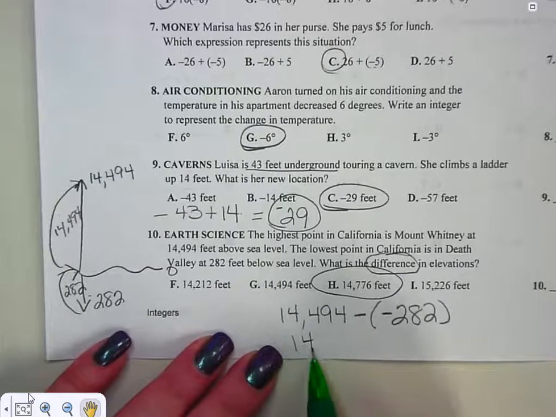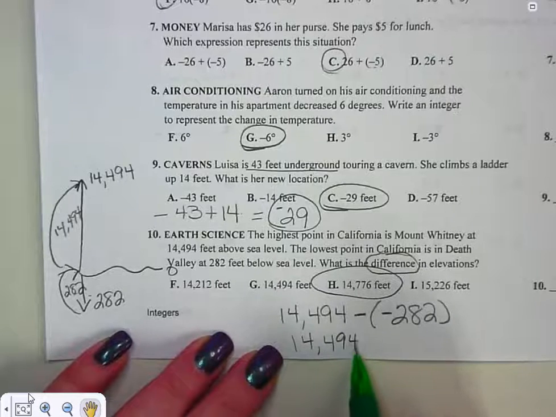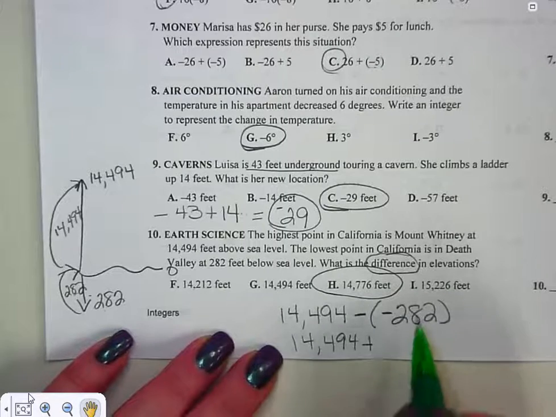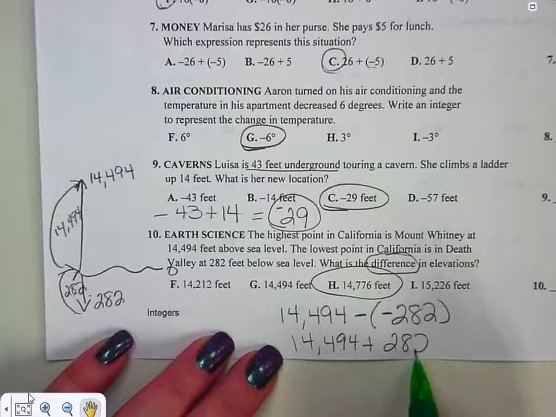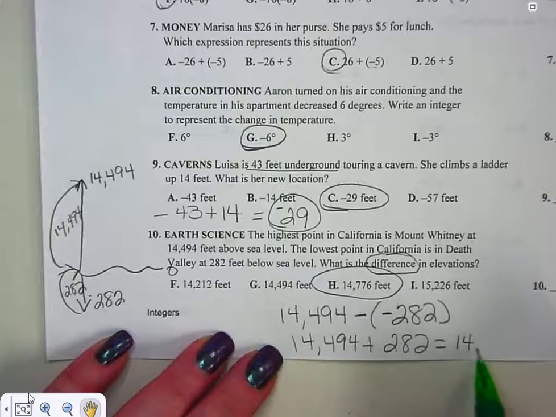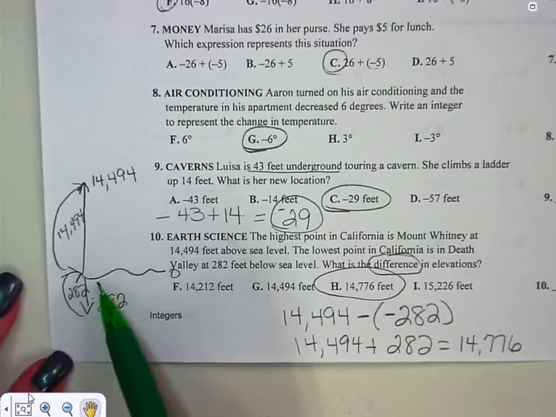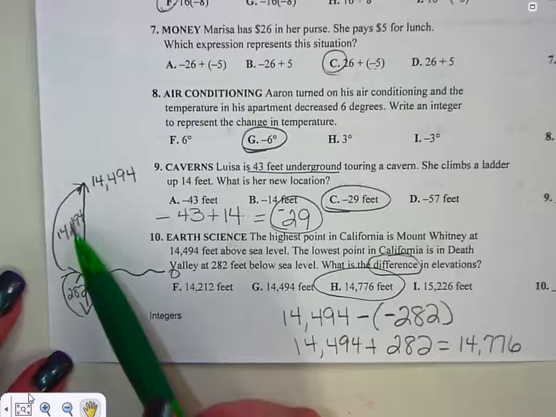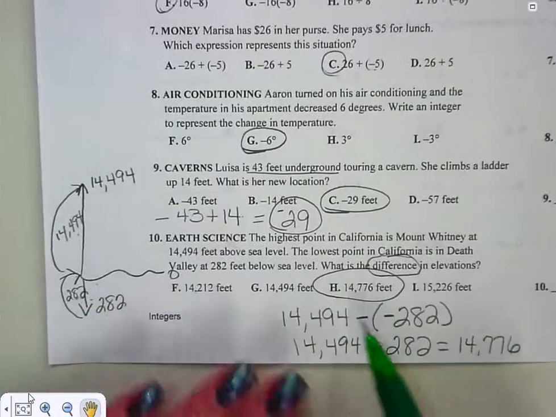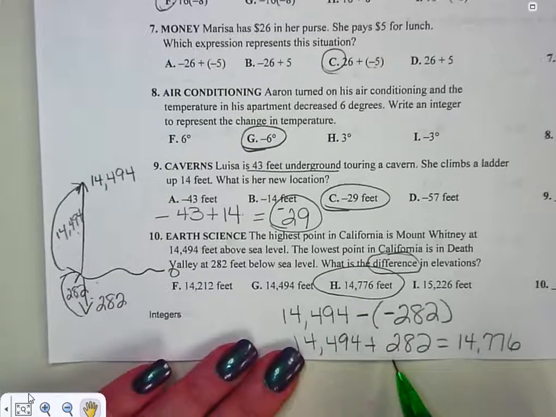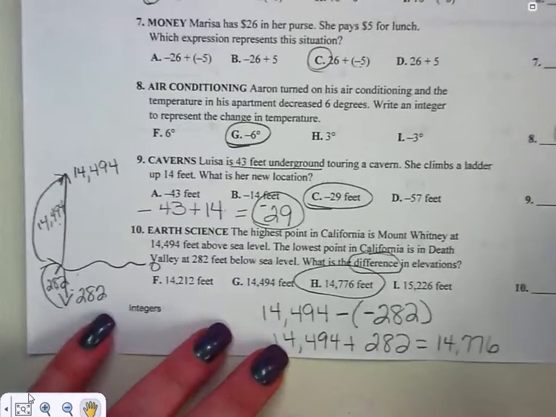Change the signs. Subtract becomes add, and negative becomes positive. So either way, if you did it with a picture, you should end up adding those two numbers together. Or if you created a subtraction problem, you still end up adding those together.